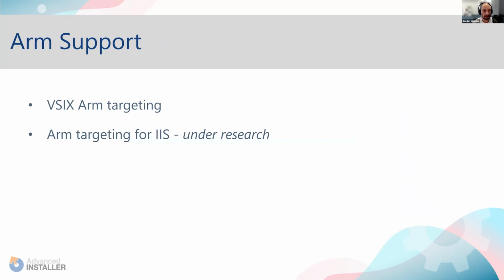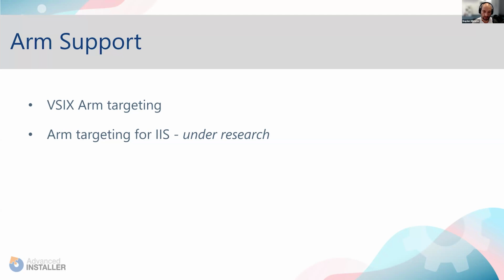Microsoft announced the latest round of PCs targeting ARM CPUs, and we still haven't seen a large adoption, but we're getting more and more requests on creating packages that can target those machines.